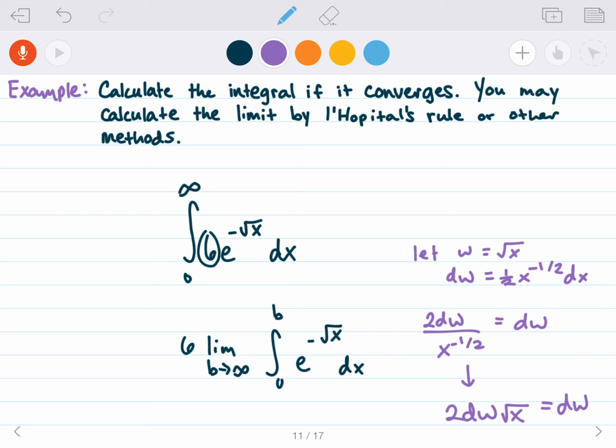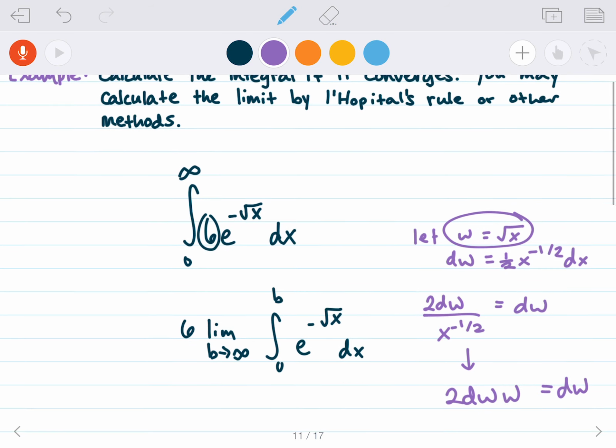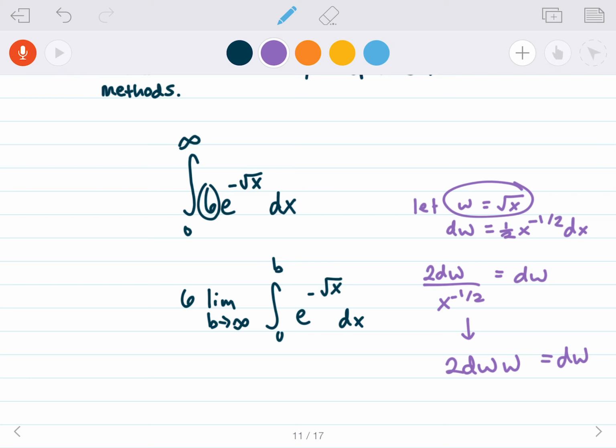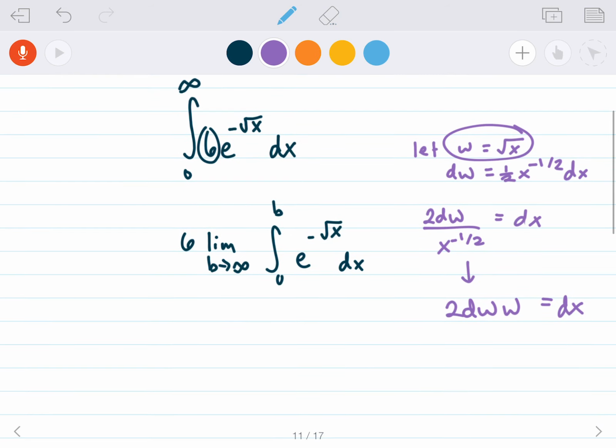Now, the square root of x is w, so that's what I'm going to replace it with. So dx is equal to 2w dw, and I can replace that in here.